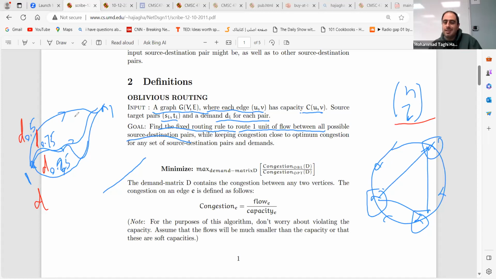Now, I want to decide these routing rules such that for any demand matrix that I have, which means whatever pair should connect to each other, send the demand, and whatever demand d_i they have, I just multiply by it. This I wanted to get bounded. You want to minimize the maximum over all demand matrices of the congestion of the oblivious algorithm versus the congestion of the optimum algorithm.